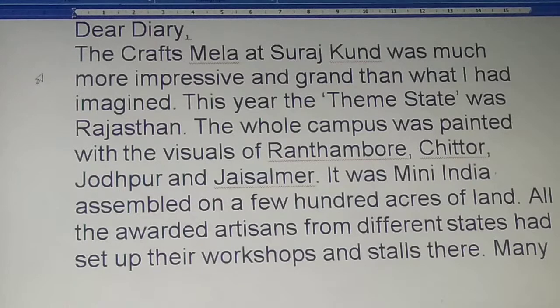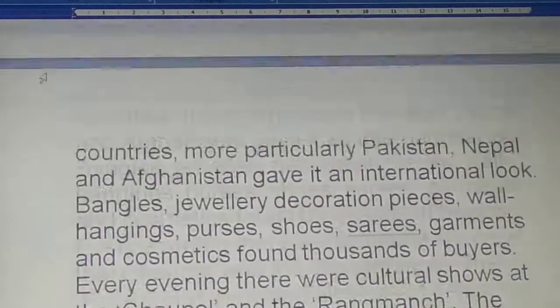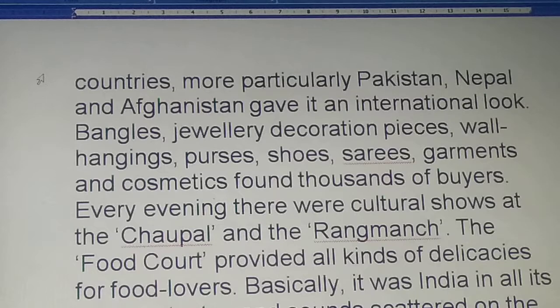All the awarded artisans from different states had set up their workshops and stalls there. Many countries, more particularly Pakistan, Nepal and Afghanistan, gave it an international look. Bangles, jewelry, decoration pieces, wall hangings, purses, shoes, saris, garments and cosmetics found thousands of buyers.